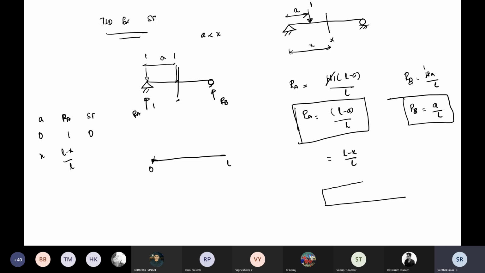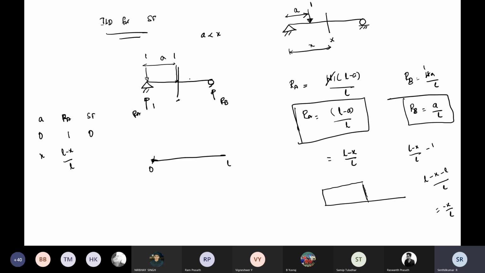So again it will go here. Here minus 1. So L minus X by L minus 1, so L minus X minus L by L. So what is the value? You are getting minus X by L. Right?